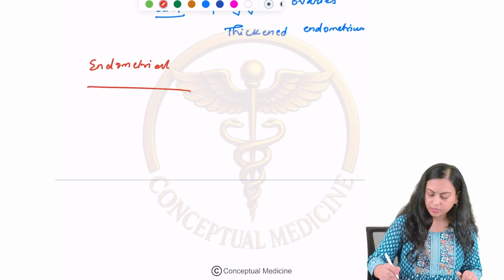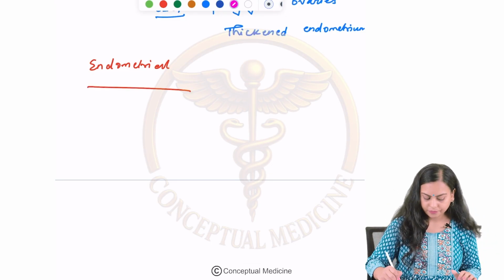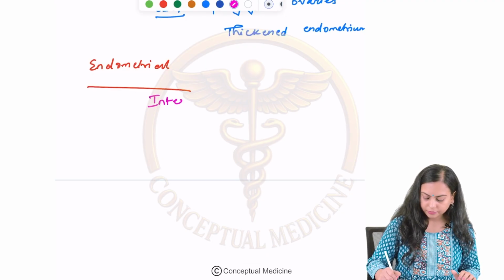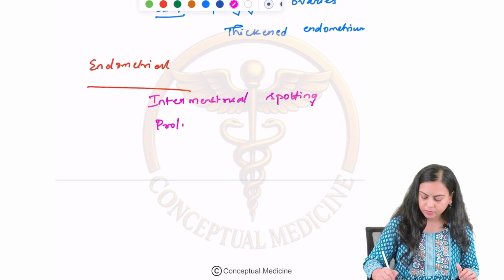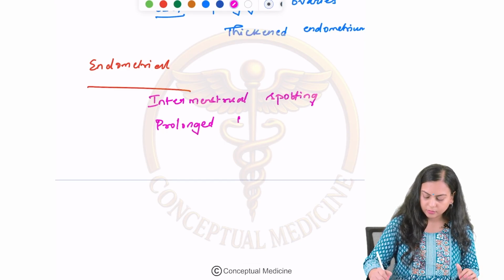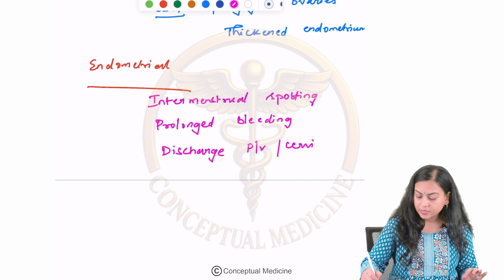Right. Next one, let's see about the endometrial conditions. You will have intermenstrual spotting or even a prolonged bleeding can be there. There can be discharge per vaginum or even cervical erosion.